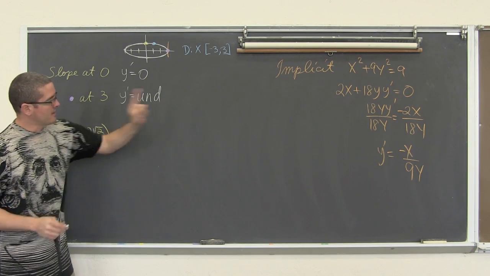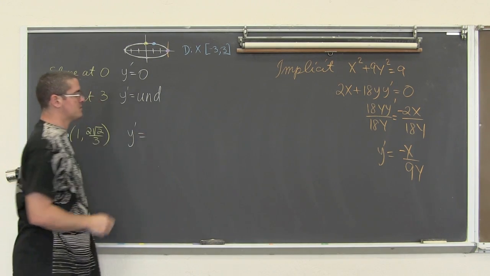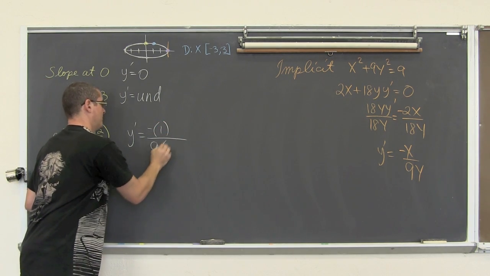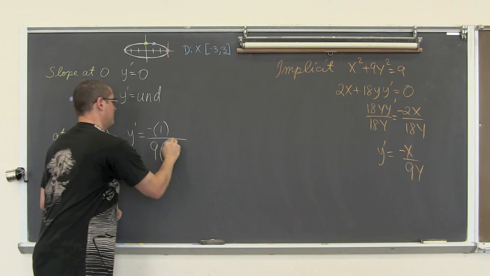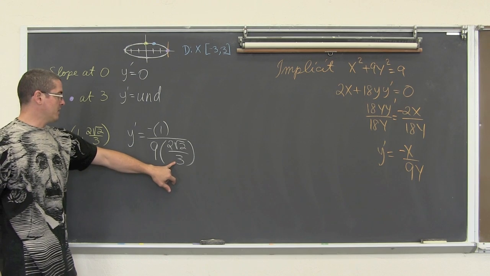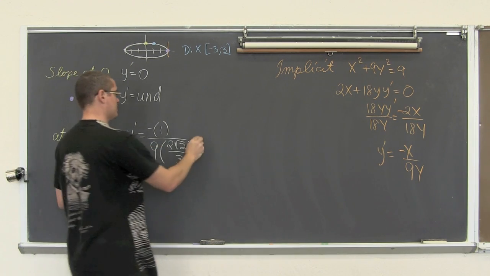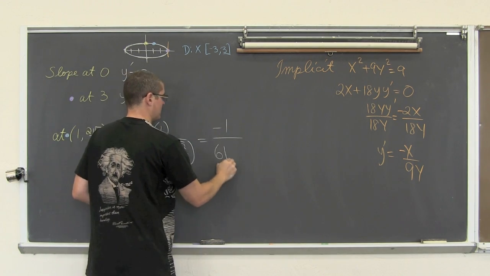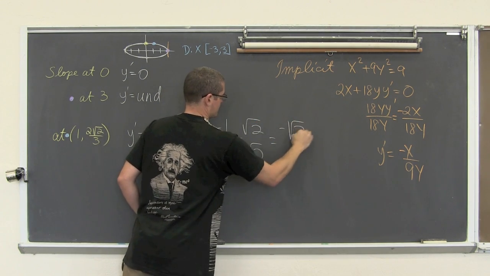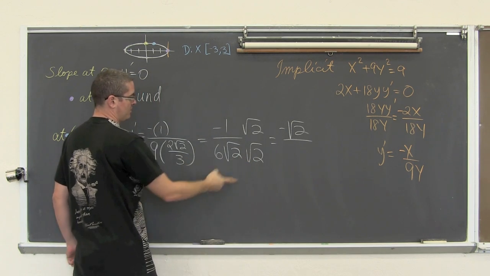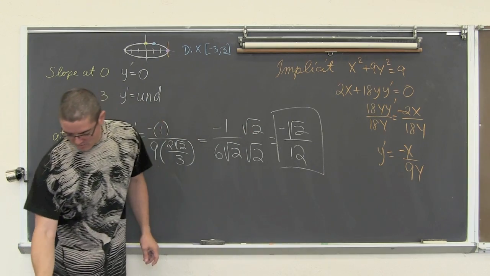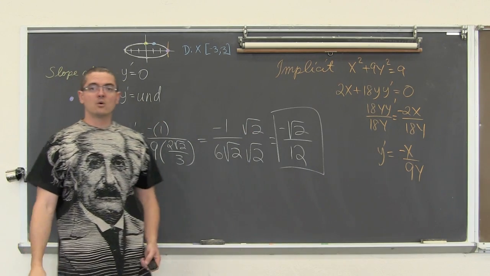So I have an x, I have a y, and I have a derivative function, so y prime is equal to negative 1 over 9 times 2 square root of 2 over 3. 9 divided by 3 is equal to 3, and 3 times 2 is equal to 6, so we have negative 1 over 6 square root of 2. If you'd like, you could rationalize this and get negative square root of 2 over square root of 2 times square root of 2, which is 2, times 6, which is equal to 12. Let's make sure I have not made a small mistake. And no, we're good.